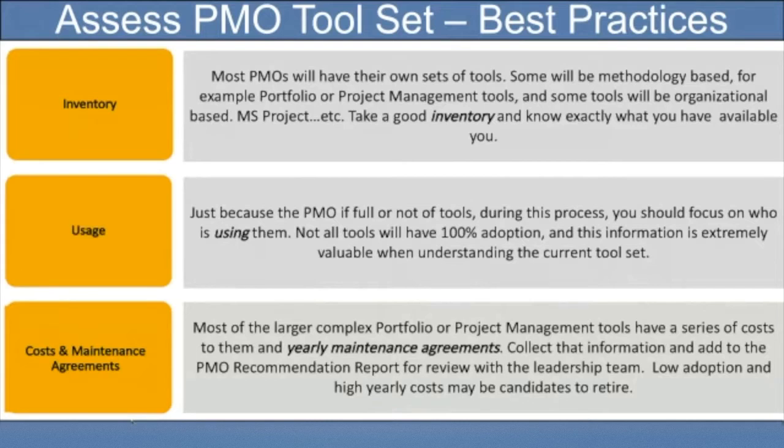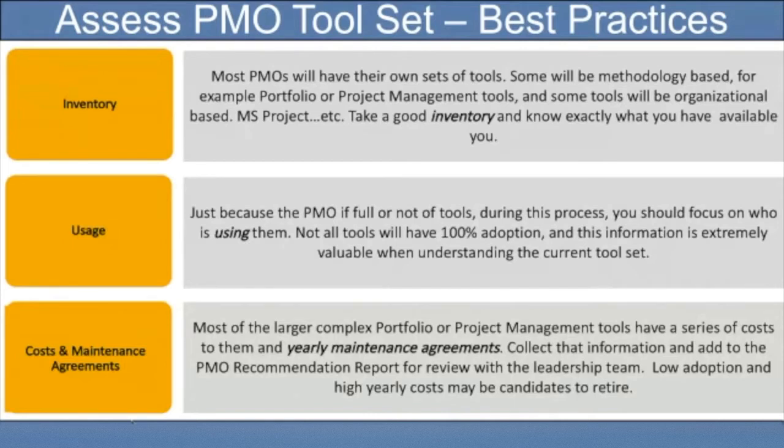So look at it, do an inventory, look at adoption, look at the cost, and then marry all that information up and put that into that recommendation report. It's important that you've got a good handle on that, because often there are so many dollars associated with these higher priced program and portfolio management software tools that you want to look at the adoption level and the cost.